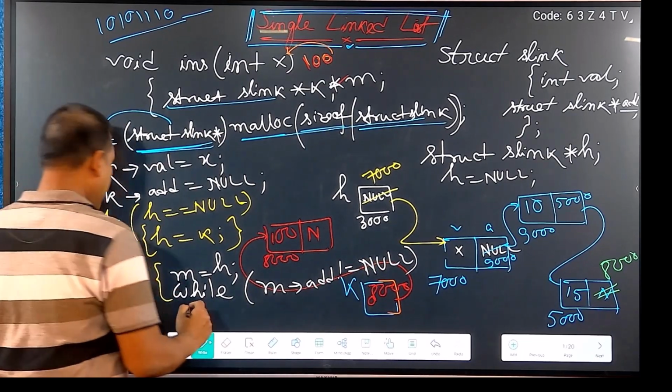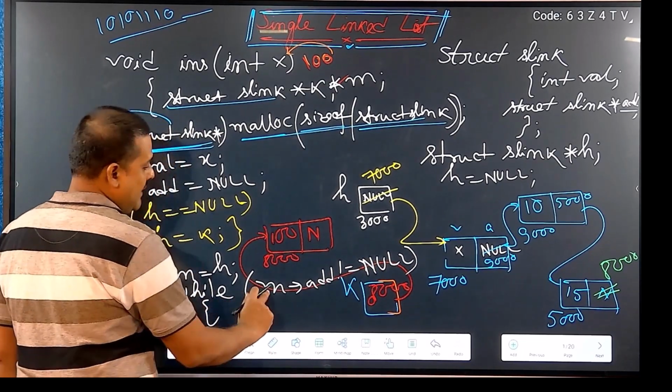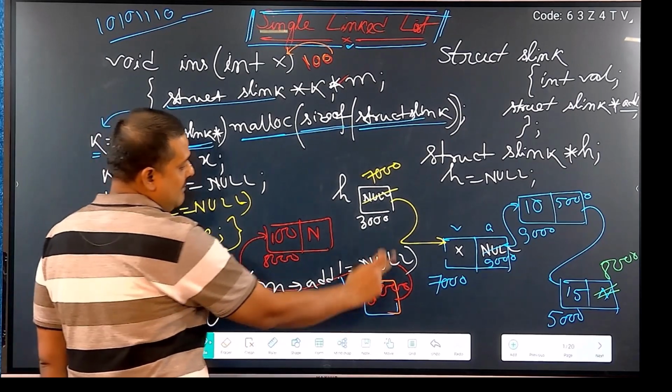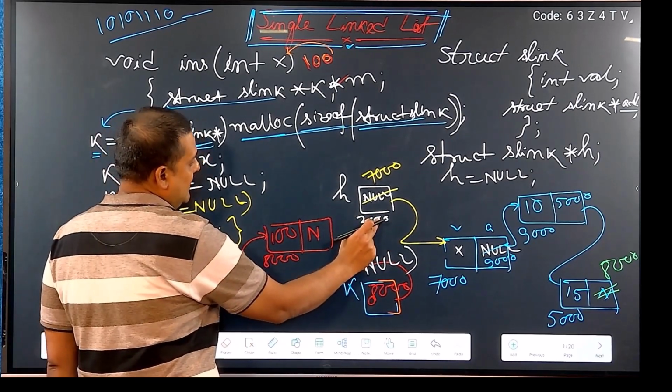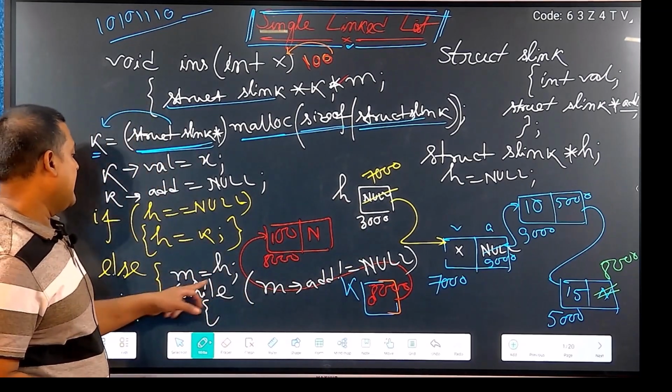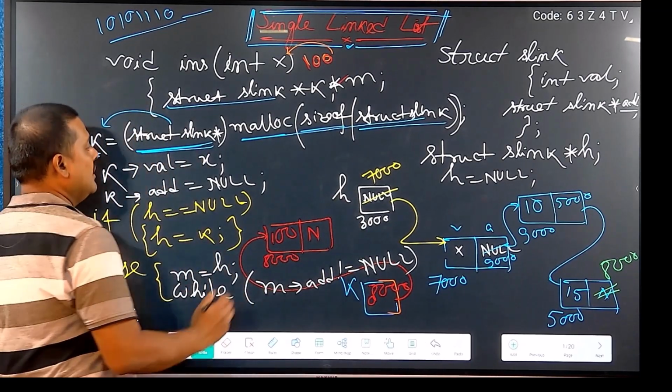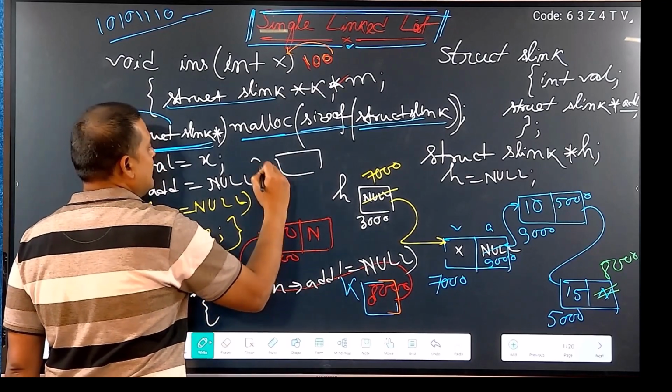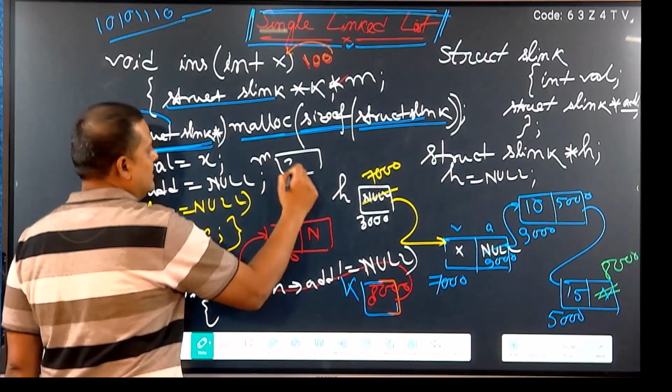Okay. We will continue. M means what? 3000. Okay. M is 3000, because we have copied head inside m. So, this is our m, say for example, having 3000.